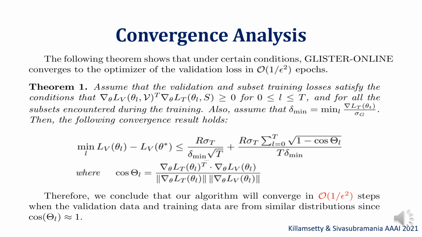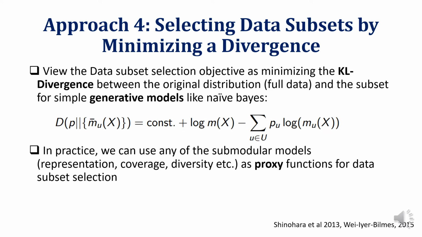The fourth category of approach is selecting data subsets by minimizing a divergence, and Shinohara et al. in 2013 motivated this problem for sentence set selection using features. So the motivation is to view the data subset selection objective as minimizing some KL divergence between the original full data distribution and the subset in the feature space.